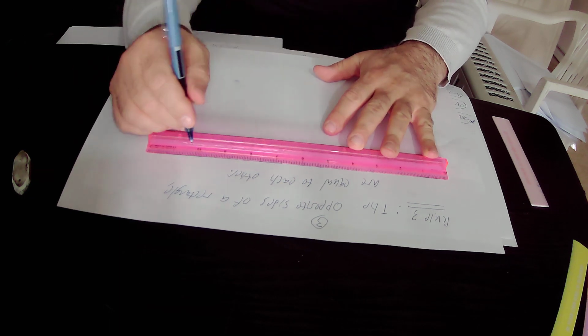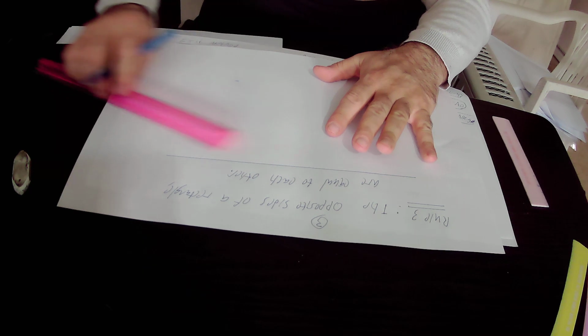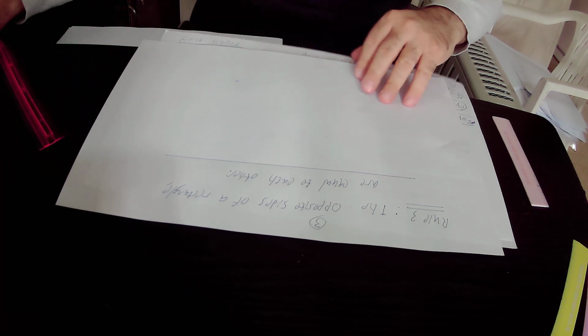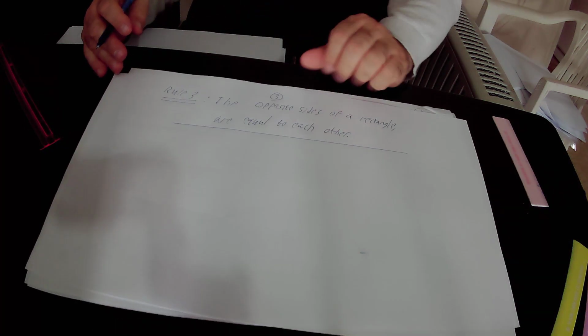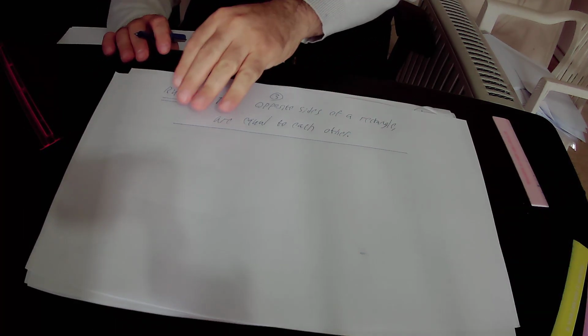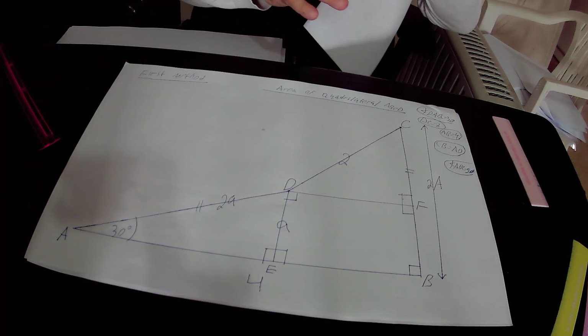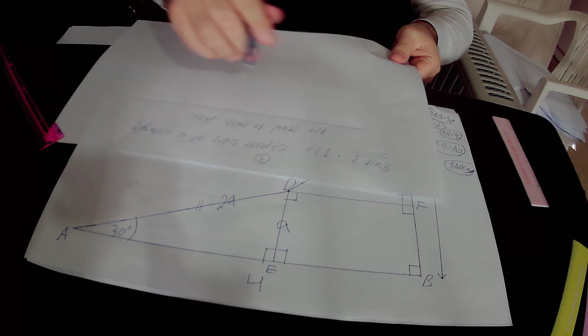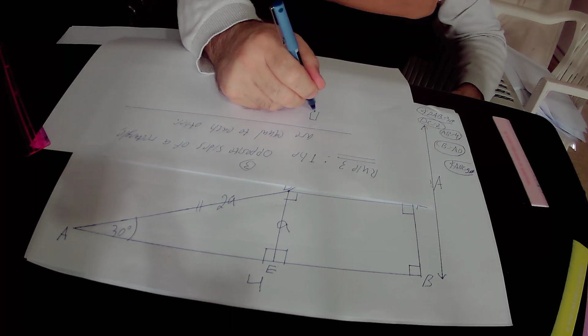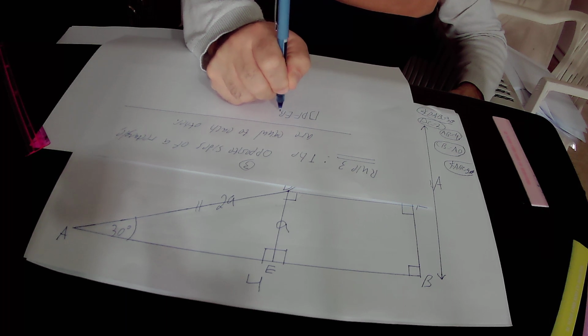So I will read rule number 3 again. According to rule number 3, the opposite sides of a rectangle are equal to each other, and especially in rectangle DFEB, the opposite sides are equal to each other.